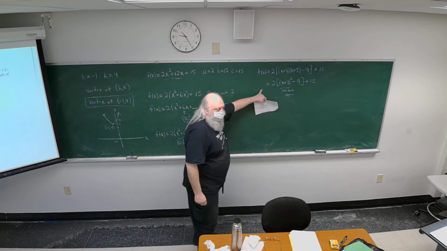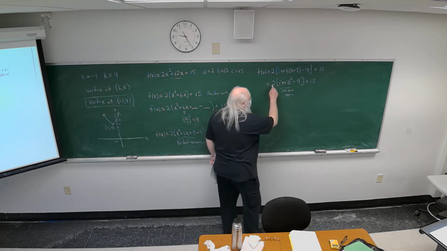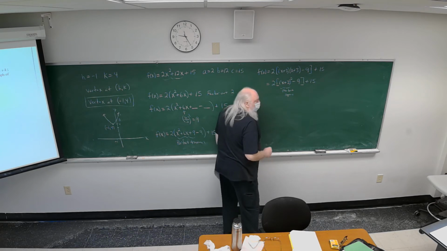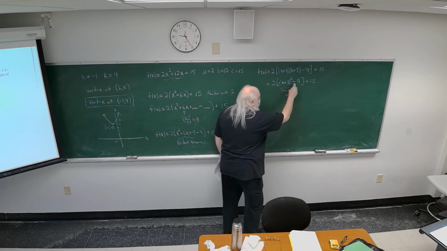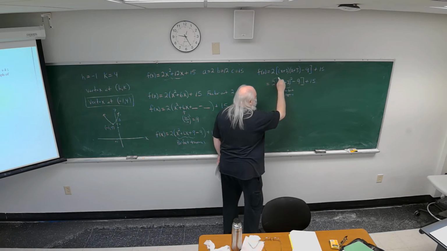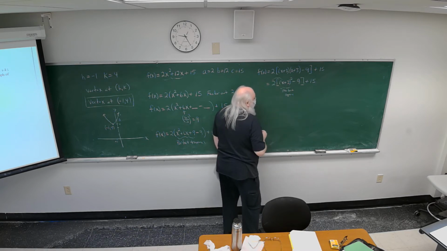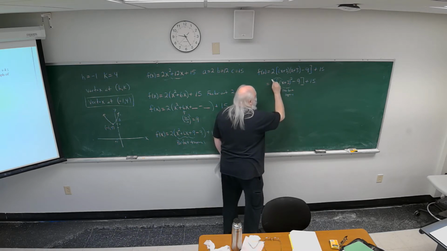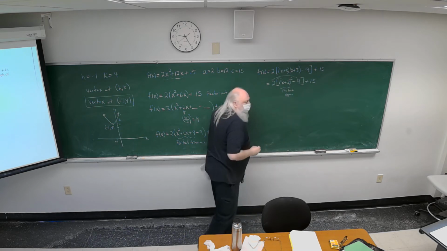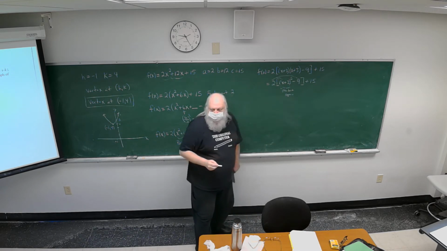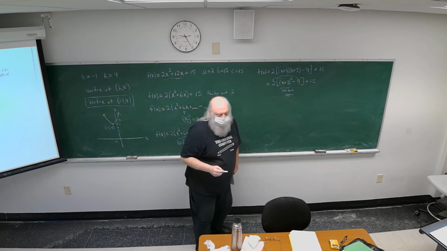Now to get it in standard form, I got to distribute the 2 inside the brackets, right? I have 2 terms inside the brackets, right? So I got to multiply x plus 3 squared by 2, and I got to multiply the minus 9 by 2. And I distribute the 2 inside the brackets.